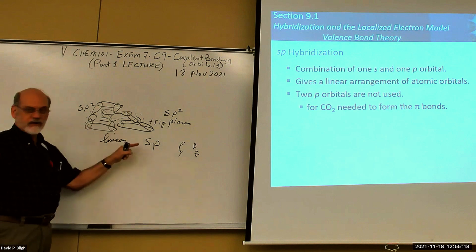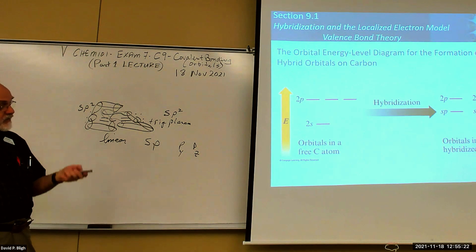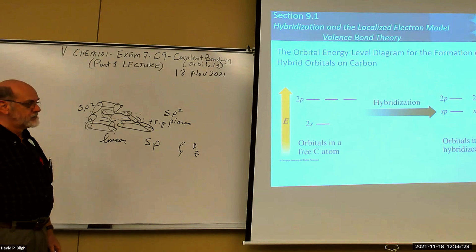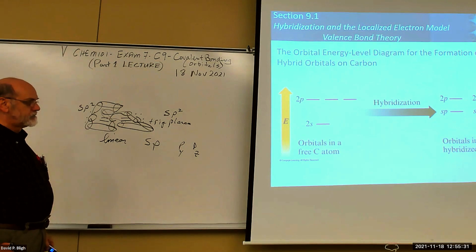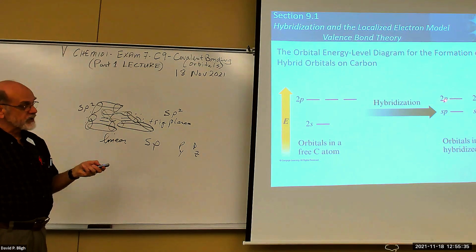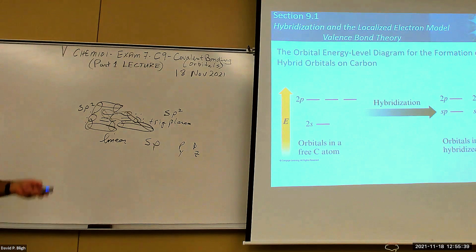In this case, hybridized atomic orbitals. Okay, so here we have 2 degenerate sp orbitals and 2 degenerate unused P orbitals. This is for carbon only.